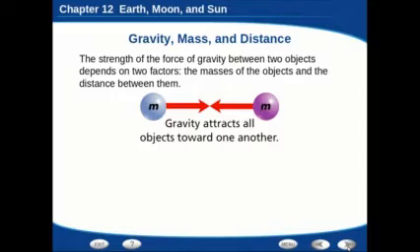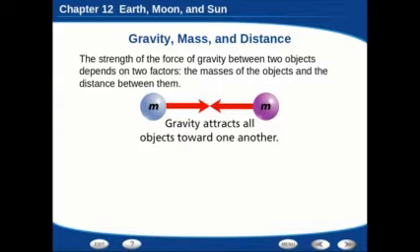So here's figure 7, and it says gravity, mass, and distance. The strength of the force of gravity between two objects depends on two factors. Those two factors are the masses of the objects and the distance between them.